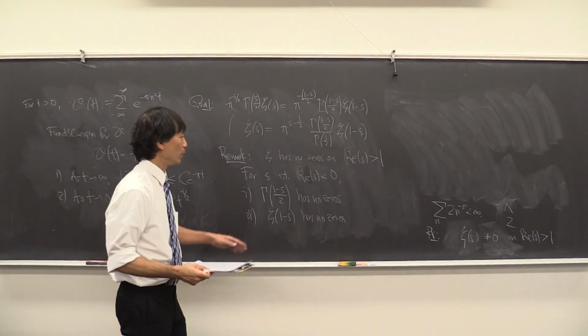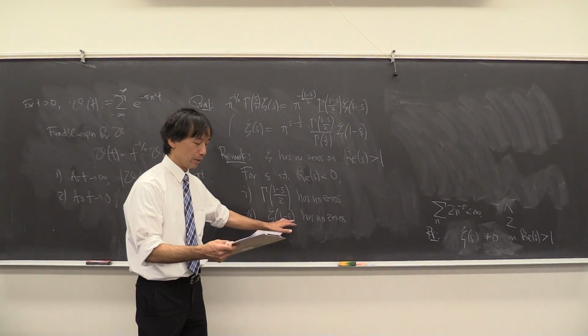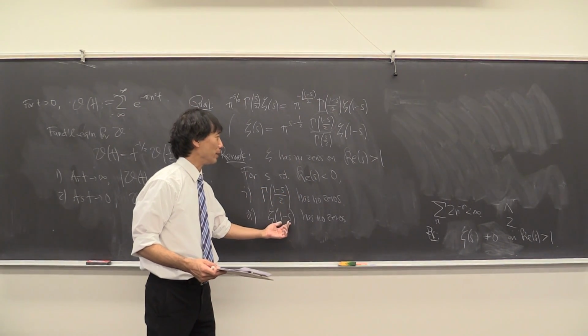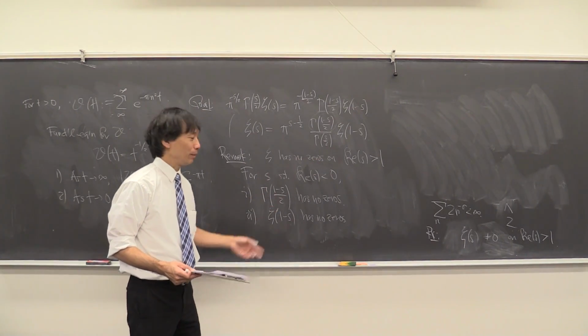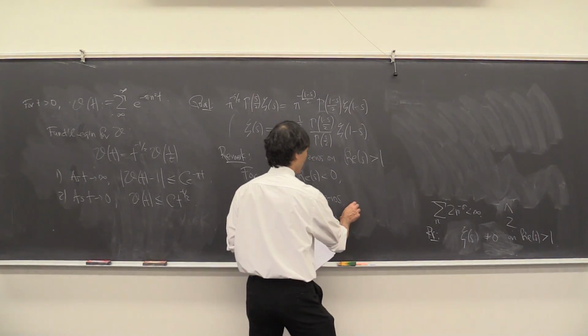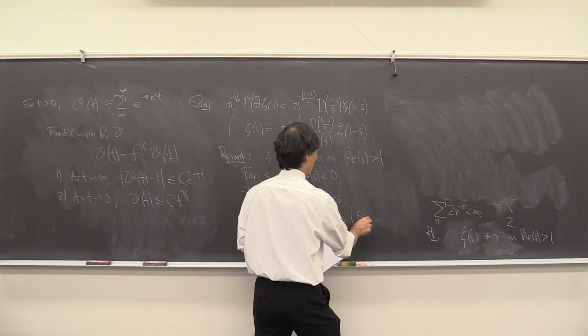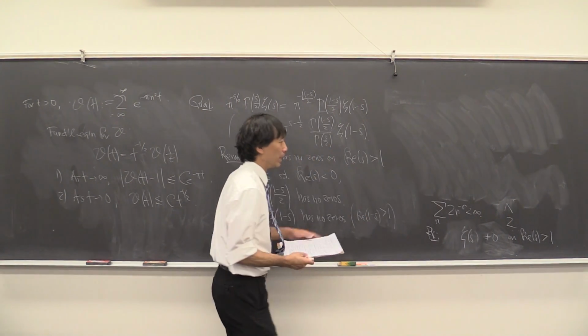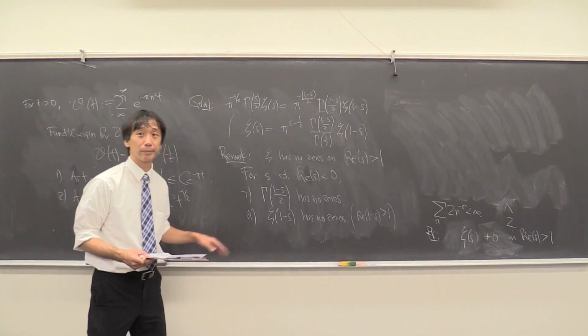Because since the real part of s is less than 0, 1 minus s has a real part greater than 1, and we know that zeta has no zeros there.